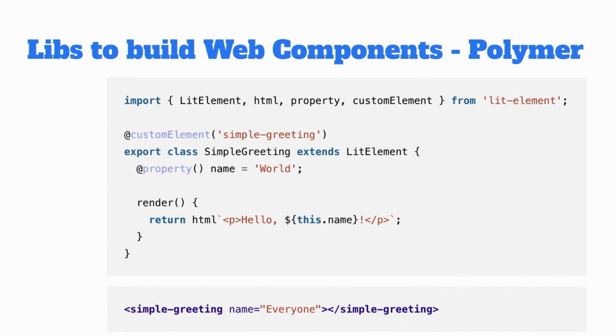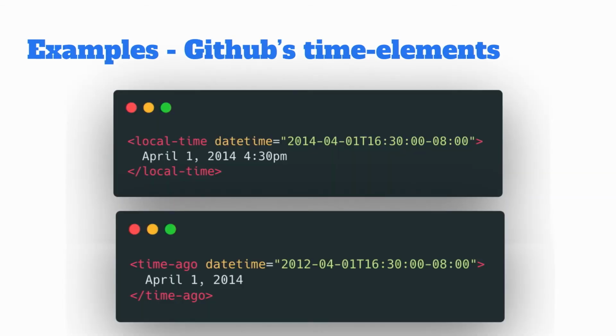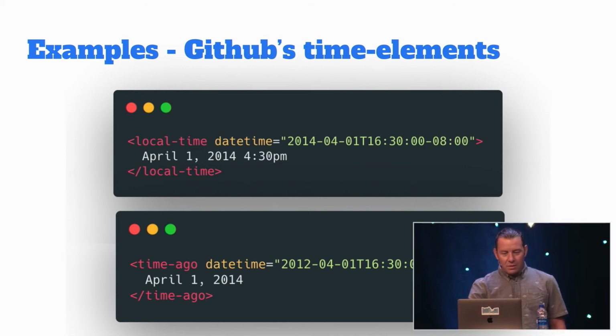You're just creating this simple greeting element, and you have a property on it that gets bound, and at the bottom there you can see it being used, and it's just returning a paragraph with a hello. So here are some examples of web components that are out there. GitHub uses a lot of web components. You can inspect GitHub's repo and see what is a web component and what's not.